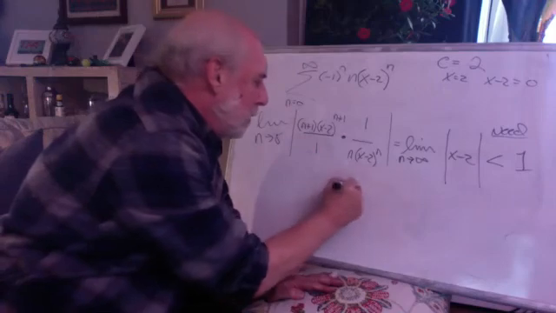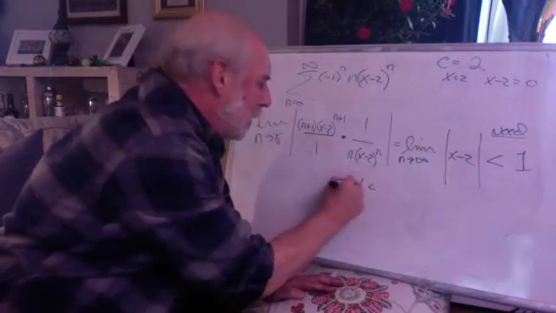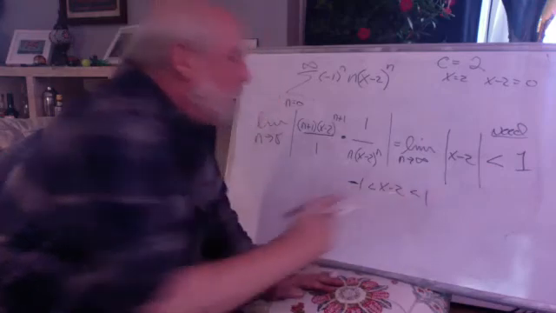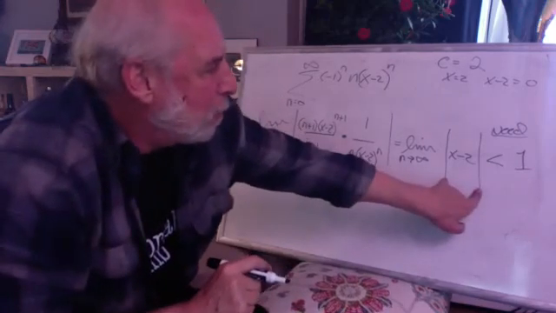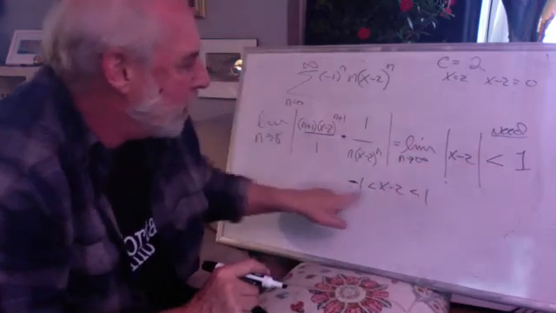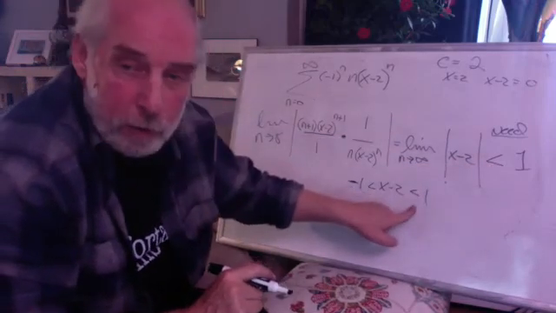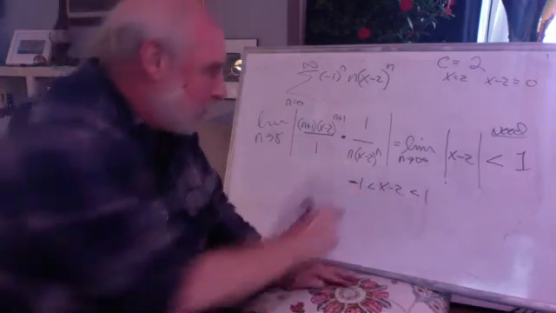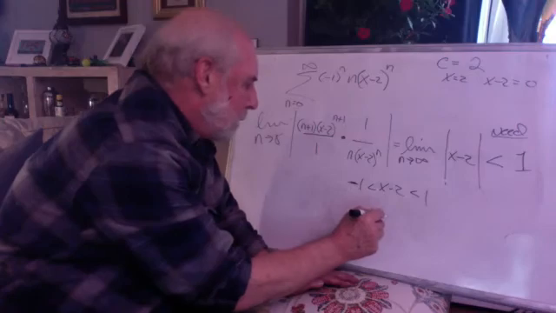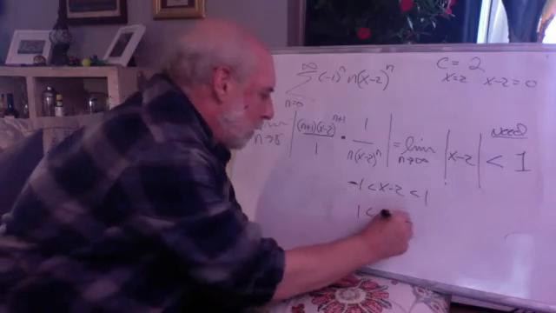So we need x minus 2 to be between negative 1 and 1. Taking off the absolute value signs, to be less than 1 means we have to be bigger than negative 1 and smaller than positive 1. Now we add 2 everywhere to solve this. So if we add 2, we get this, and for x, we get 3.